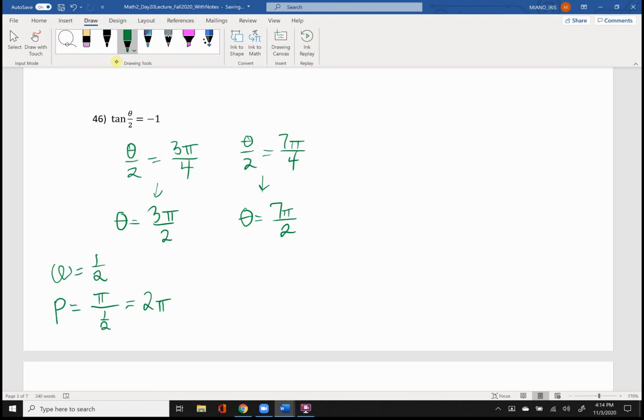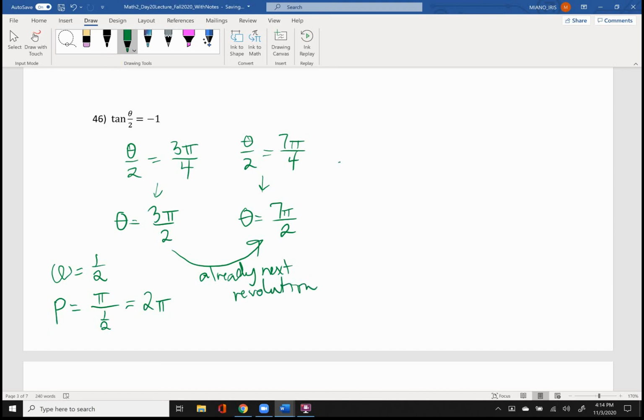So that means that we need to look for the next revolution, which is already here, because we'll be adding 4 pi over 2 to it, which is the equivalent of 2 pi. So this is already the next revolution, landing on 7 pi over 2.